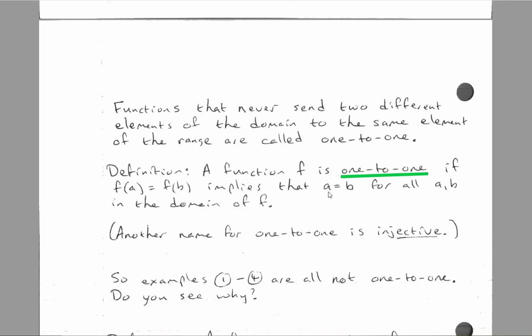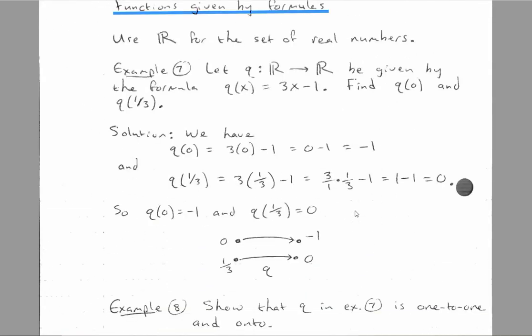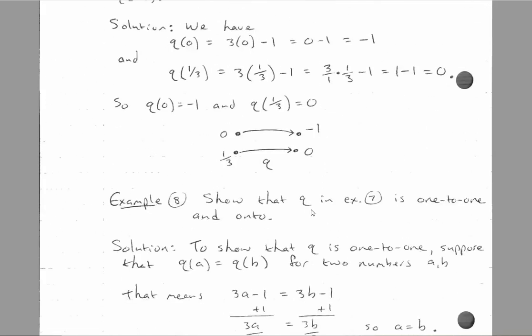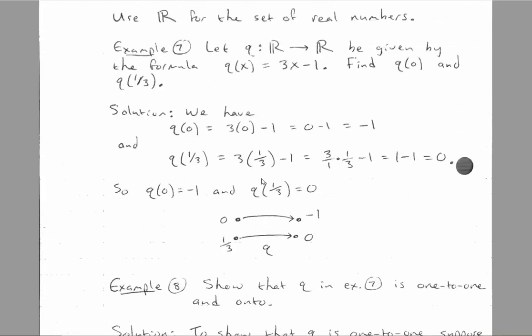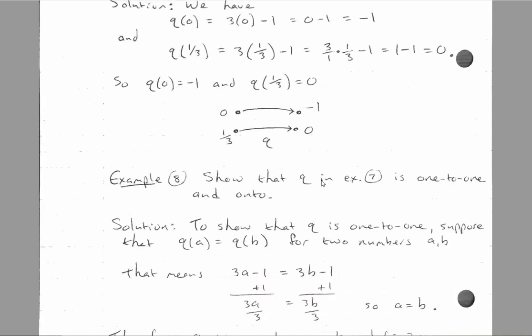With the contrapositive, if a is not equal to b, that implies f of a is not equal to f of b. All right, so this type of argument shows that Q is 1-to-1. Okay, so if I give you 2 different numbers, they always get sent to different places.